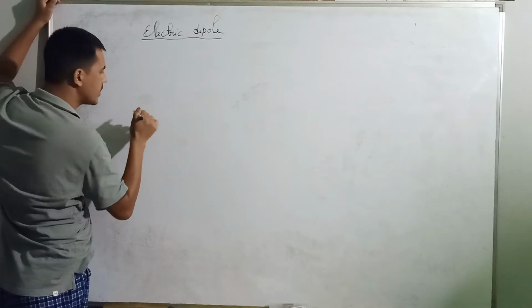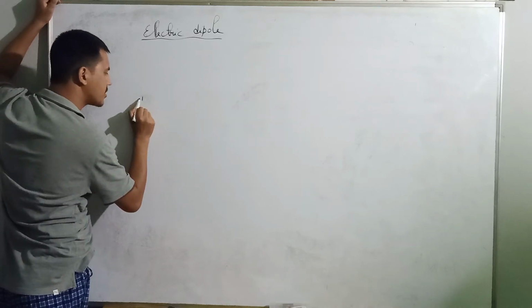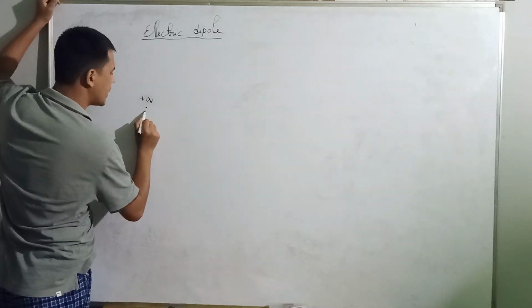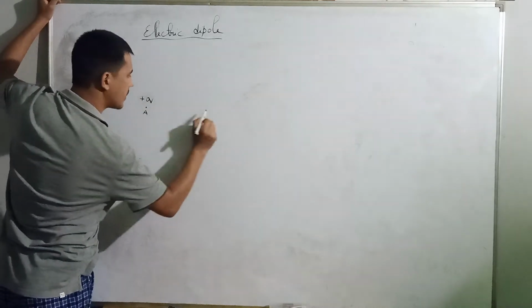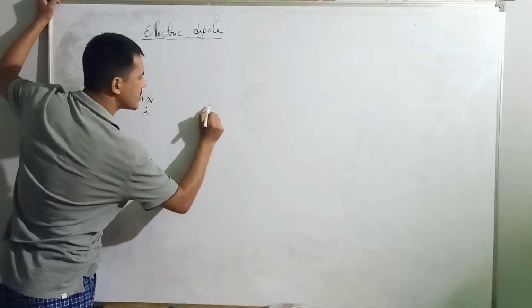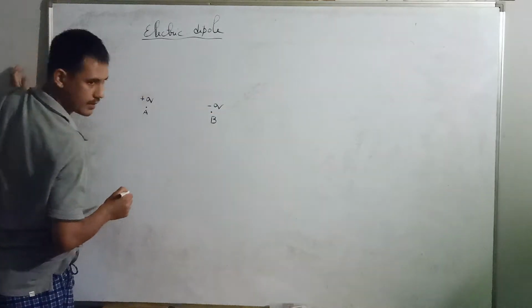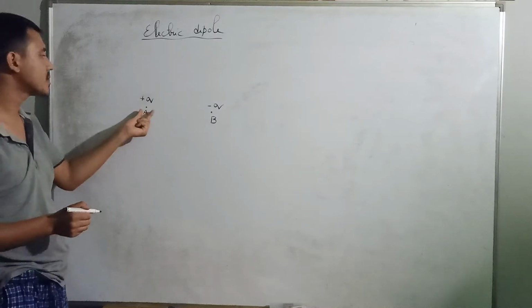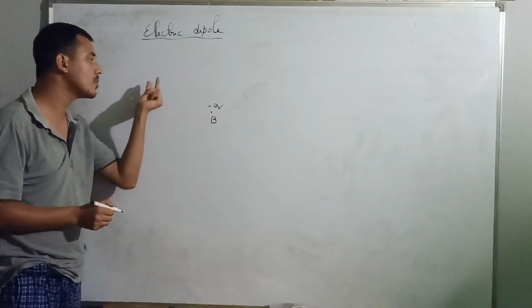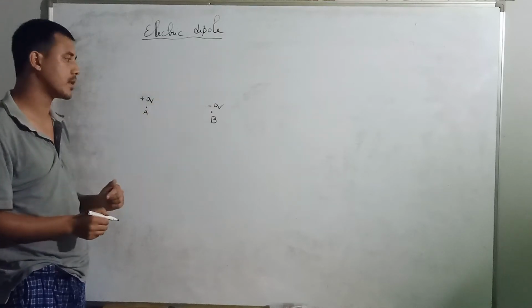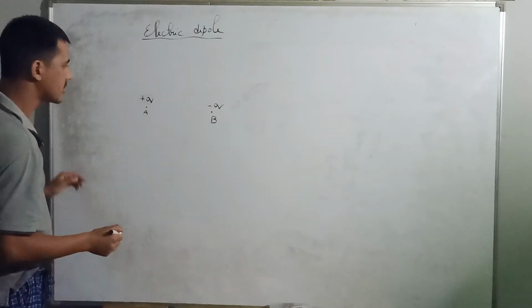Suppose you consider a charge plus Q placed at A and an opposite charge minus Q placed at B. So this plus Q and minus Q are two equal but opposite charges. They are equal in magnitude but they are opposite charges.